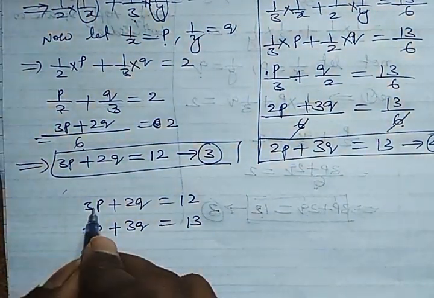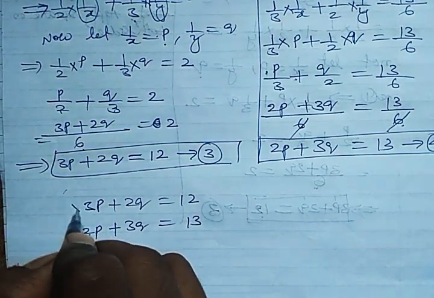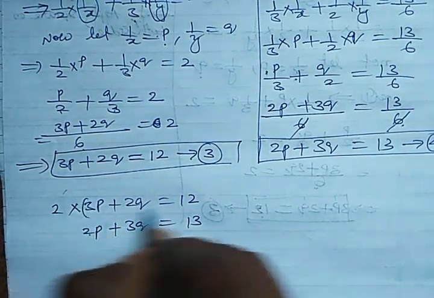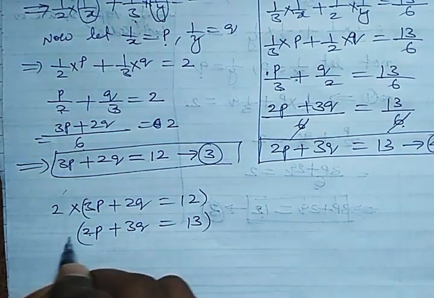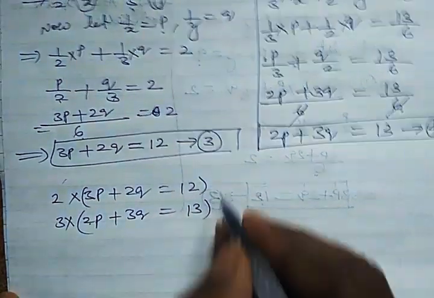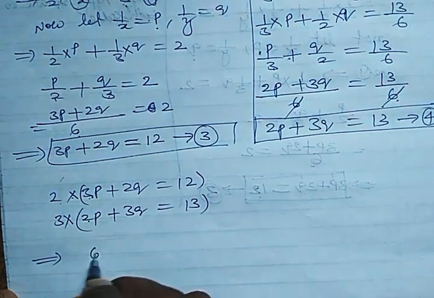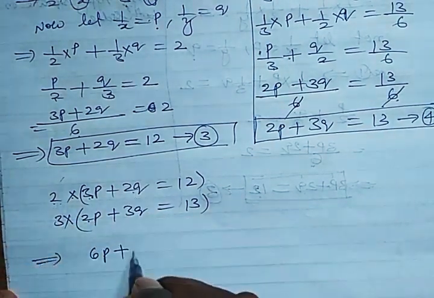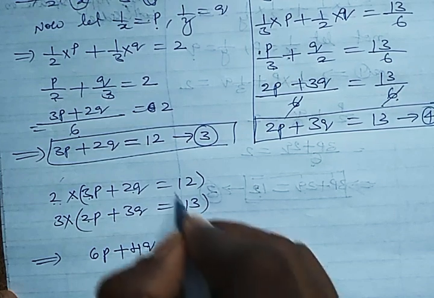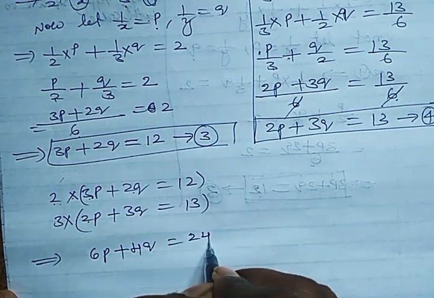So here it is 2p and it is 3p. Multiply the first equation with 2, the entire equation, and the second entire equation with 3. What happens to these equations? These equations become 2 3s are 6p plus 2 2s are 4q is equal to 2 12s are 24.